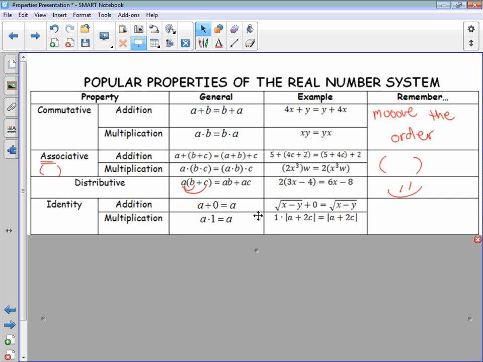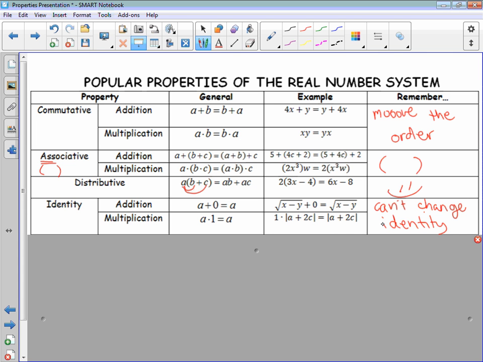So the way I remember that is you can't change your identity. If it starts out as blah, blah, blah, it stays the same, blah, blah, blah.